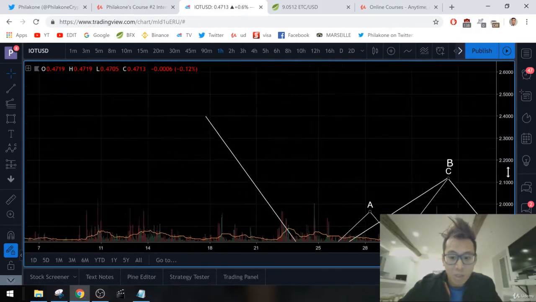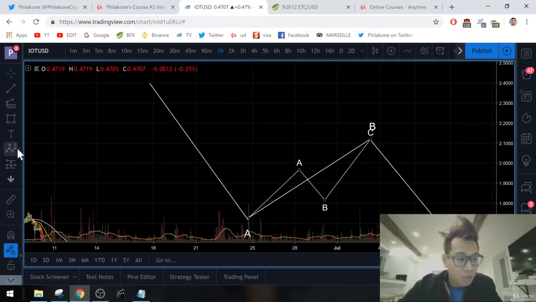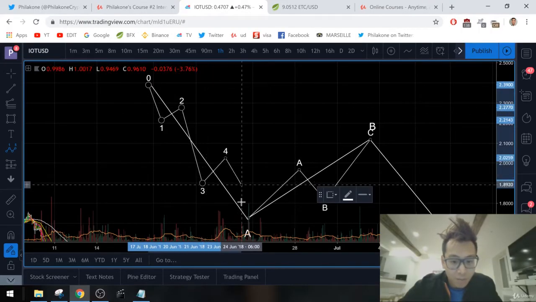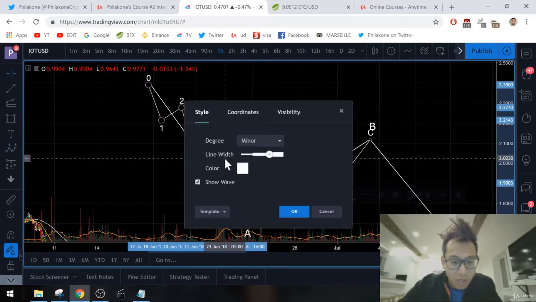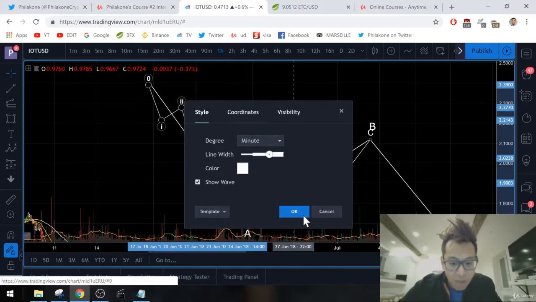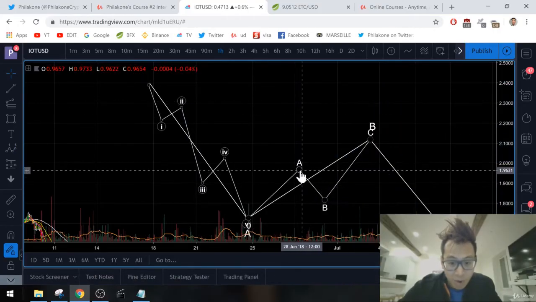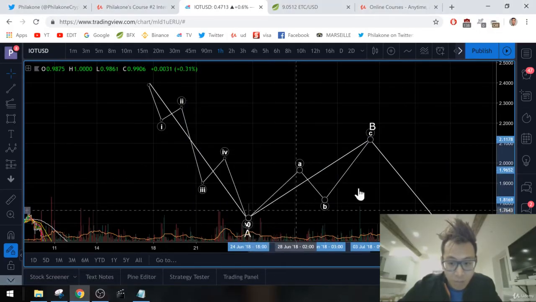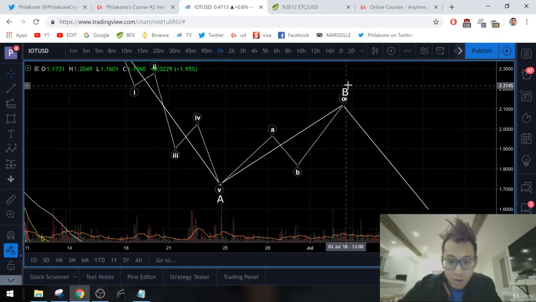So if we actually zoomed out, and we drew this right here as the 1, 2, 3, 4, 5, let's get on the right degree, a smaller degree to make it make sense, because we want to annotate it properly as well. Let's say we go to a minute, just like that.